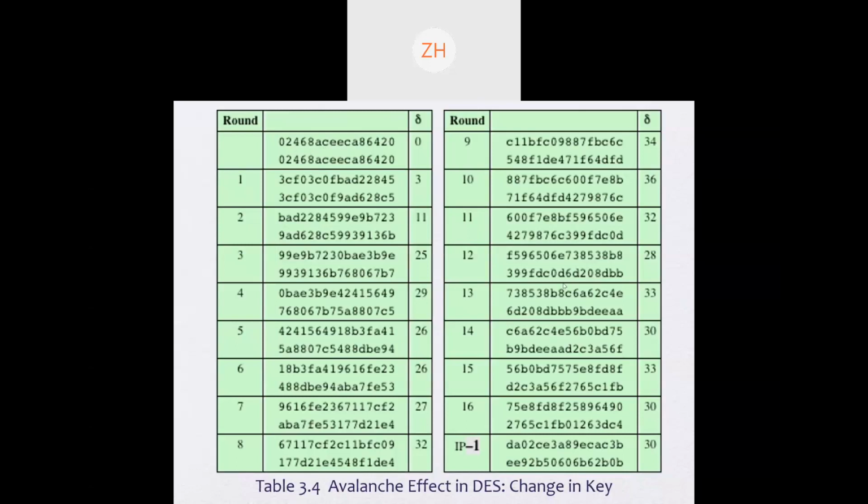So as you can see, after 16 rounds and the final permutation, the same plain text as just now with a different key gives more than 30 bits different on the ciphertext. Yeah, this is how they analyzed to decide to go for 16 rounds.